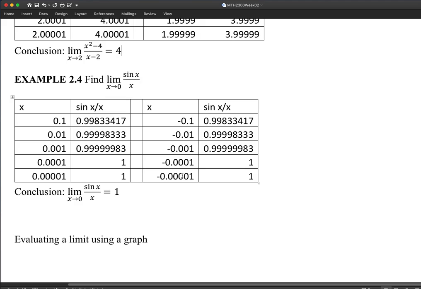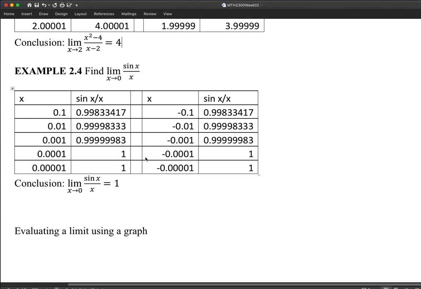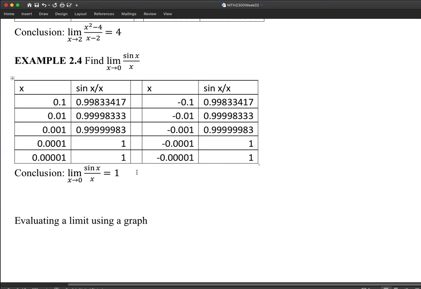They are still approaching 0 from the left side, and not surprisingly, sine x over x is still approaching 1. So overall, the conclusion is that this limit is 1.